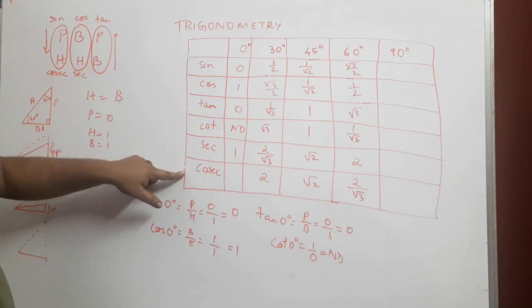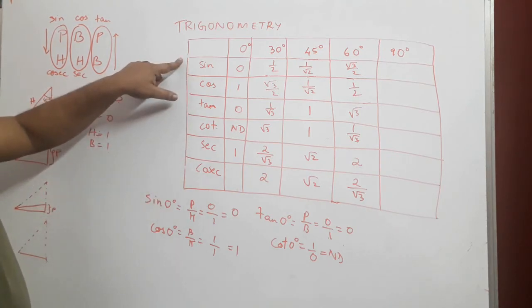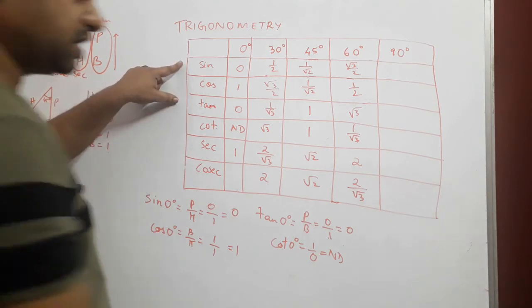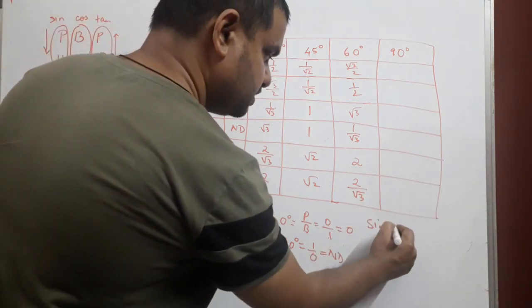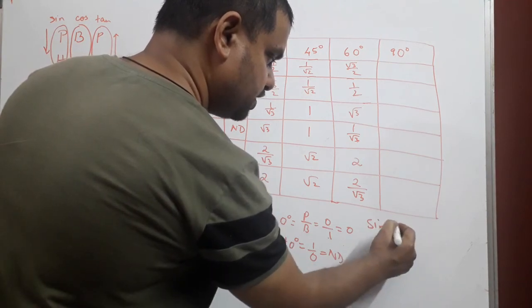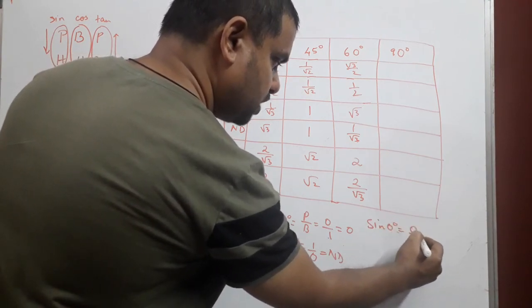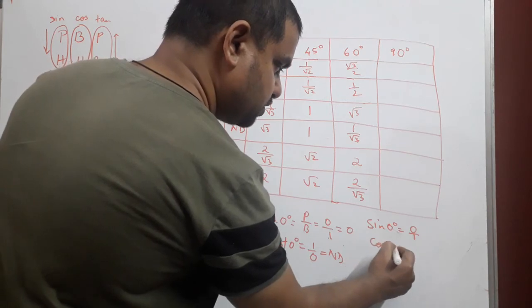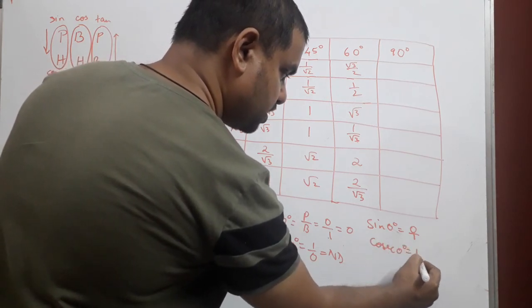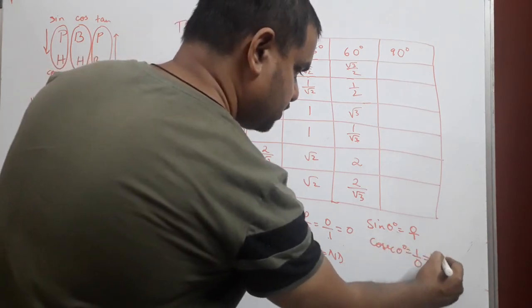What is cosec? Sine of 0 degrees is 0 upon 1, and cosec we know is the opposite of sine. So cosec of 0 degrees has got to be 1 upon 0, which is nothing but not defined.